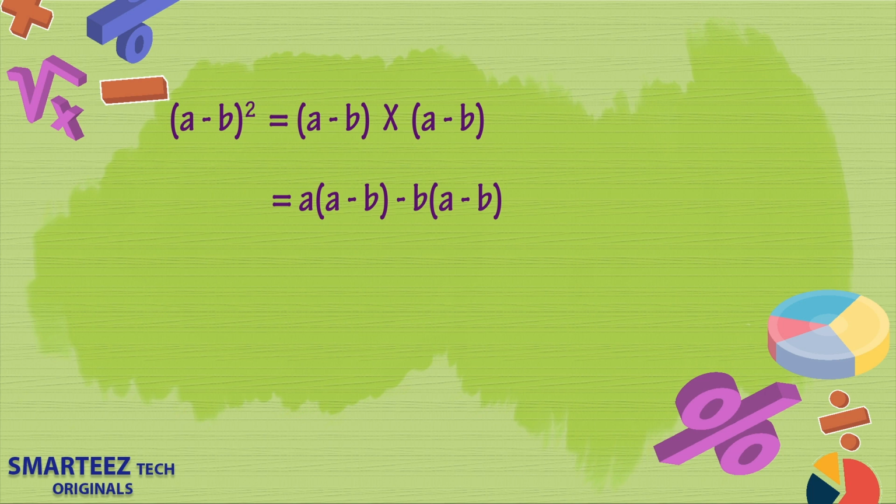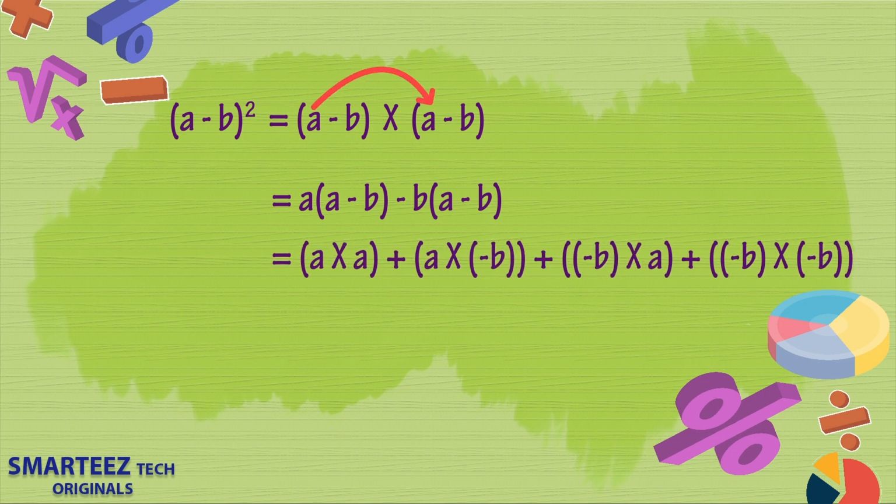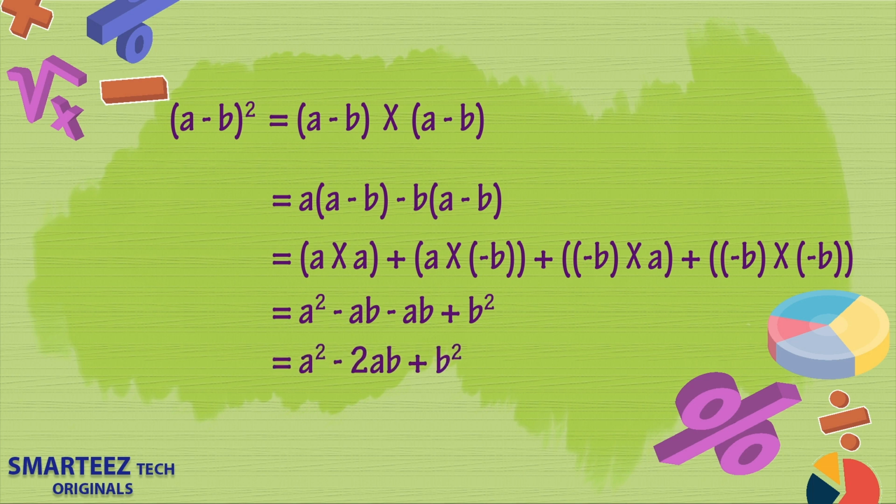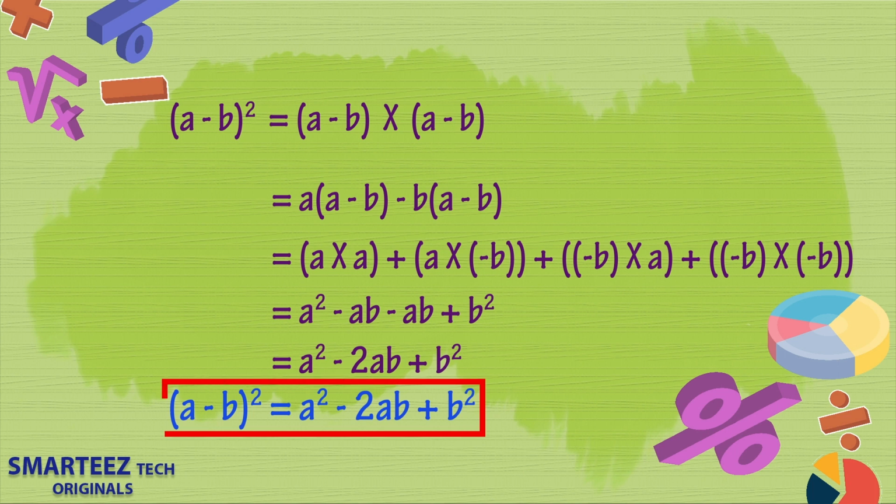As shown with the help of the arrows, this equals a times a plus a times negative b plus negative b times a plus negative b times negative b, which equals a square minus ab minus ab plus b square, which equals a square minus 2ab plus b square. So (a minus b) the whole square equals a square minus 2ab plus b square.